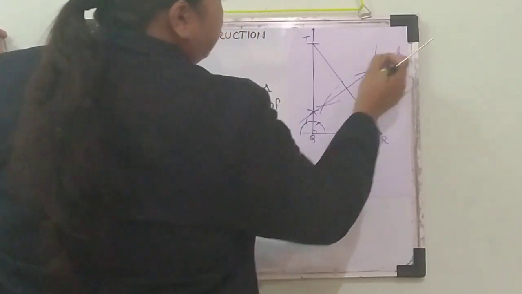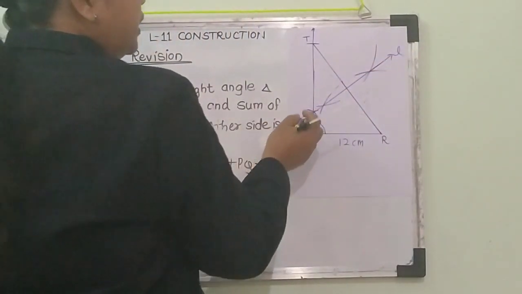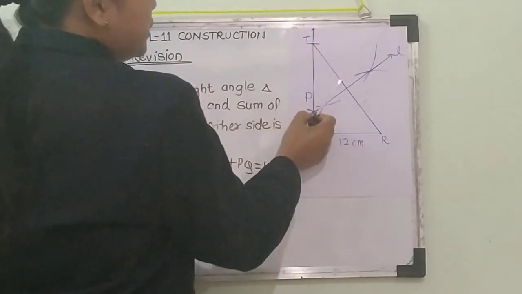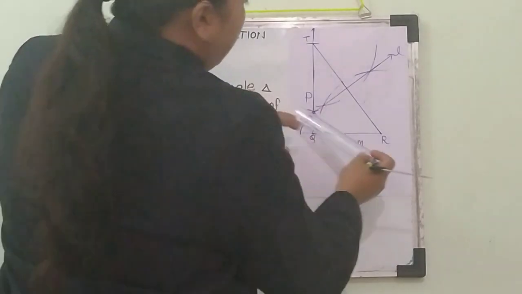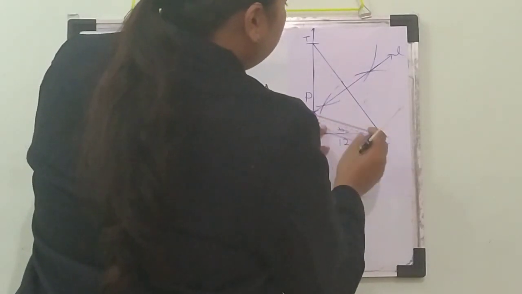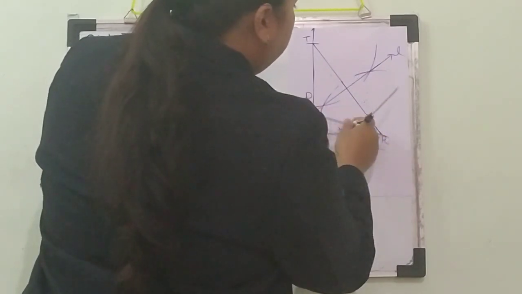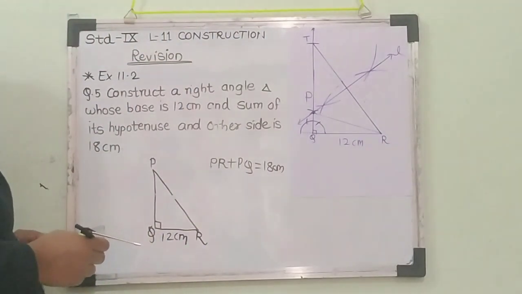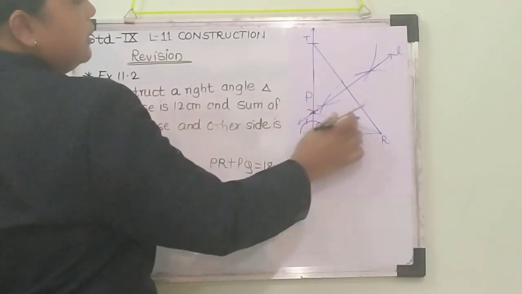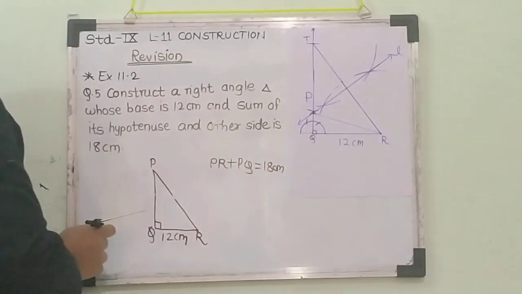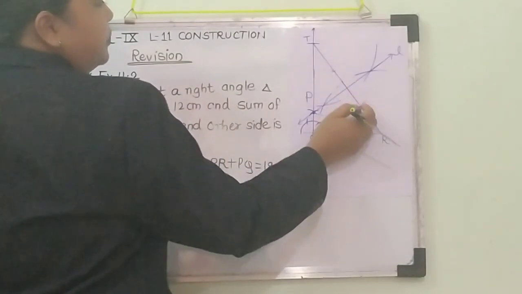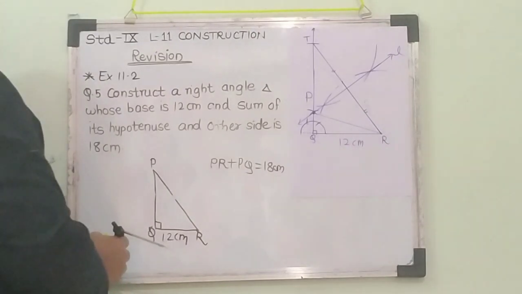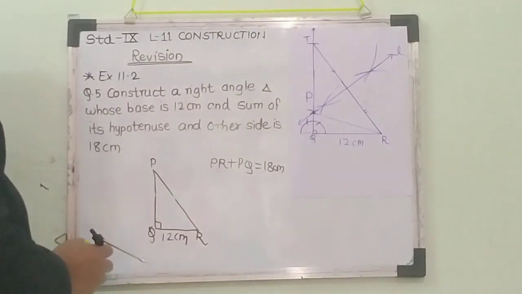Suppose this line is L, and where it intersects QT, that point is our point P. So here it will intersect and we have to now join PR. So here we get this triangle PQR is our required triangle. Like this we can draw the given construction. So draw it.